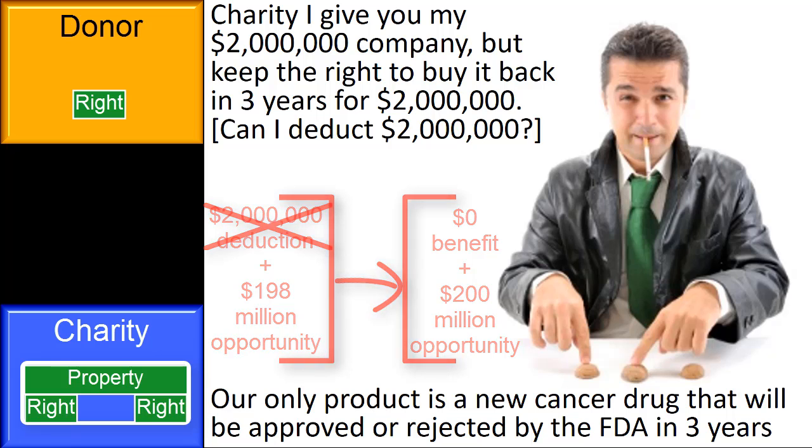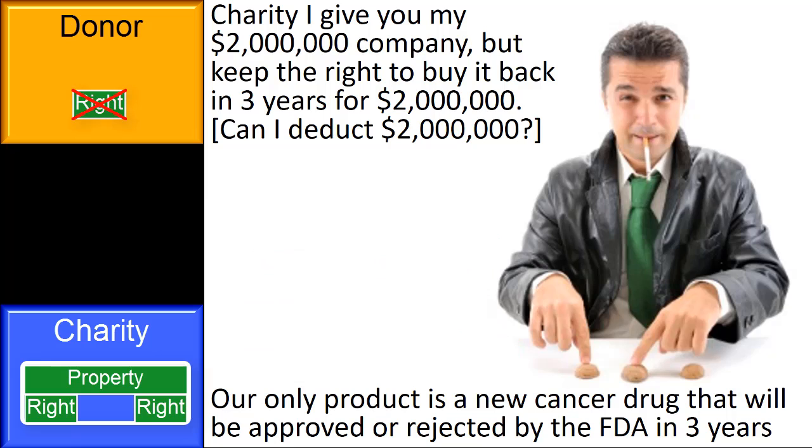If the donor's right to repurchase expired, then at that point, the gift would be completed because the donor would have no retained rights in the stock. But the deduction would be based upon the value of the stock at the time that the retained interest expired, not at the time of the initial transaction, thus eliminating the opportunity for changing the donor's risk scenario.